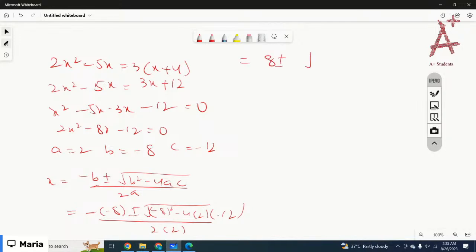So it would be 8 plus minus square root of 64 plus 96 over 4. So 8 plus minus square root of 120 over 4.